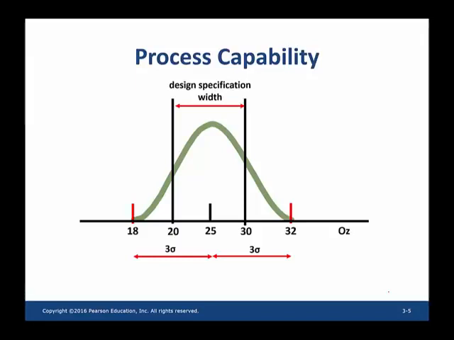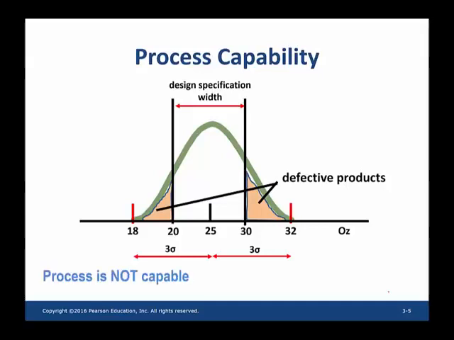So 99.73% of products will fall between 18 and 32 ounces. As you can see, some of those products will fall beyond the design specification width. This is indicated by the orange shaded areas on both sides. And these products are defective because they don't fall within the design specification width.